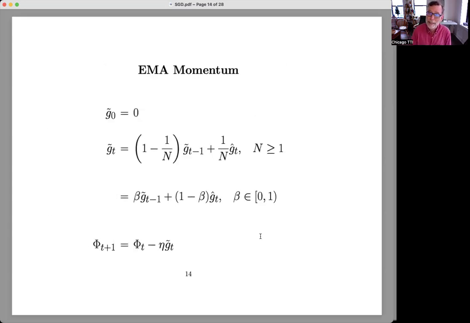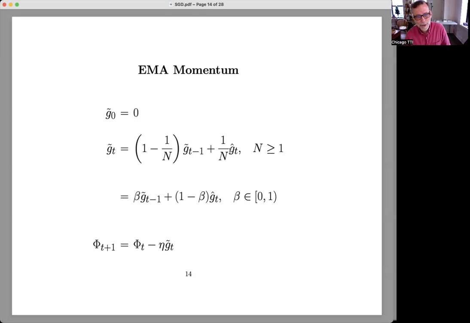So what is momentum? So far, this is just exponential moving averages in general. In momentum, we use an exponential moving average of the gradient in the SGD update. So what we're going to do is we have our gradient estimates, g hat, and we're going to take an exponential moving average of the g hats, right?